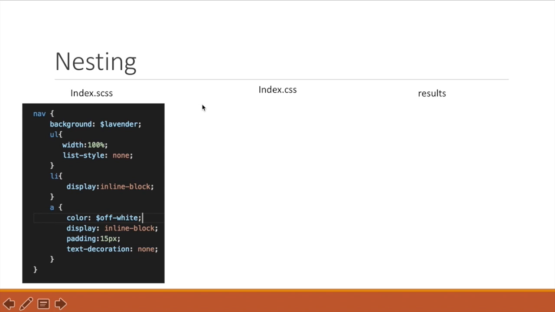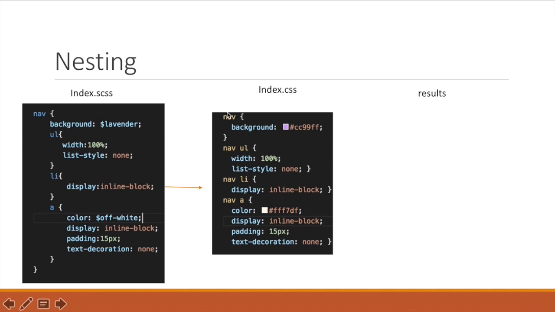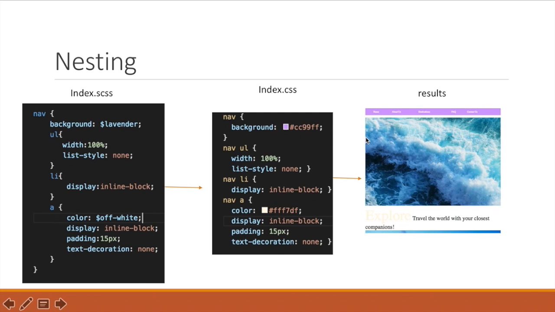So here's an example of nesting. I've filled in the nested thing with different style elements, and then when it translates, you can still see the 4 little different separate annoying things, and then the result, woo, we have a nav bar.